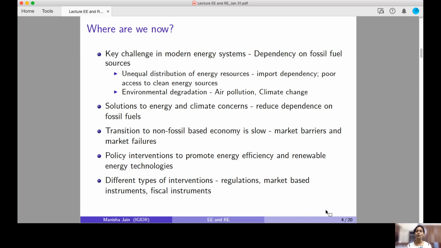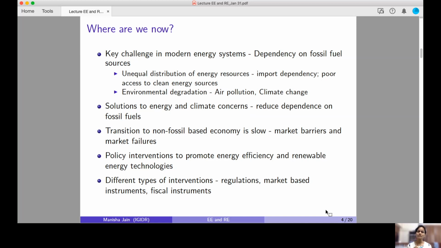There is inequality in the way energy is used across different states and different income groups in these states. And because of this we see that there is poor access to clean energy sources. When I say clean energy source, we have to keep in mind that in our sustainable development goals, a clean energy source is a source which does not emit pollution at the point of combustion.